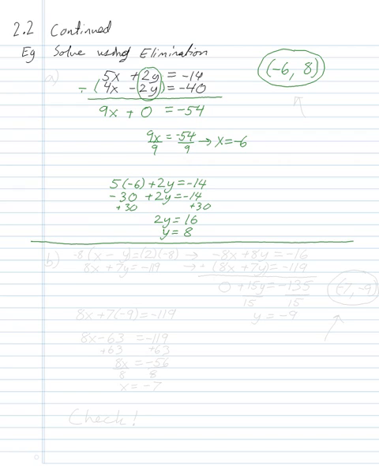So if we go back to the first system of equations that we saw in this section, remember we had x - y = 2, and 8x + 7y = -119.